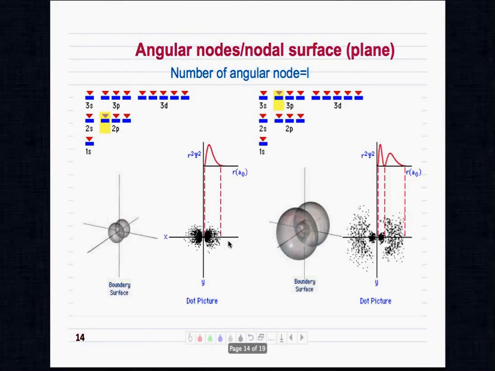Now for 3p, this is the dot structure. As you can see, there is one nodal plane, and in addition to that, there is a spherical node around the nucleus. So 3p has both a nodal plane and a spherical node around it.